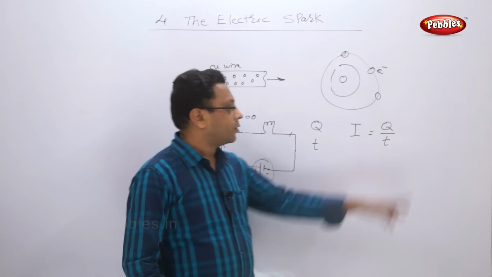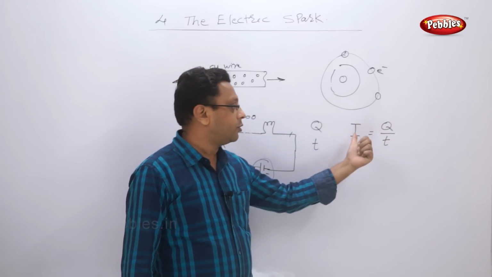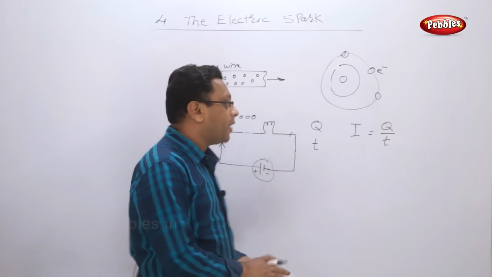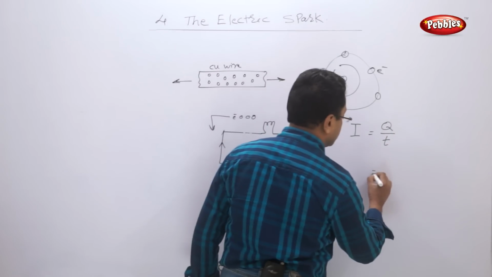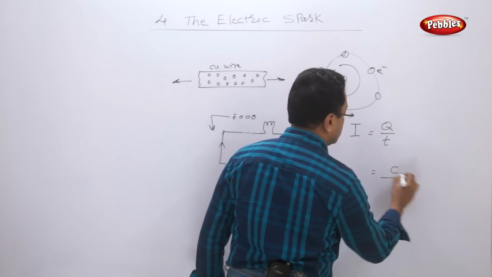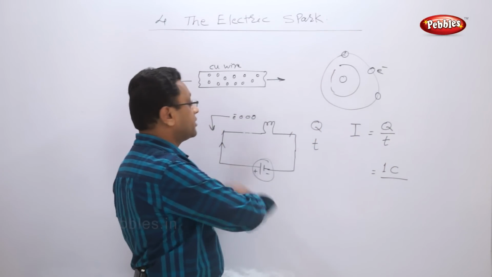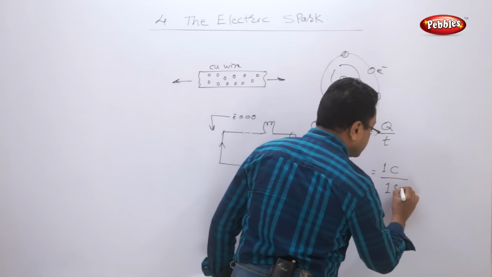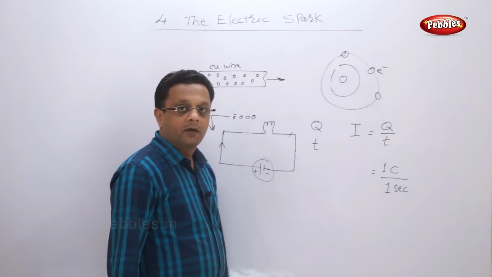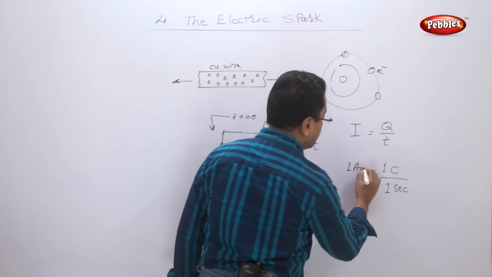So electrical charge upon time is equal to electric current. The SI unit for the electrical charge is the coulomb. So when 1 coulomb of charge flows through the electrical circuit or any conductor for 1 second, then the current is said to be 1 ampere.